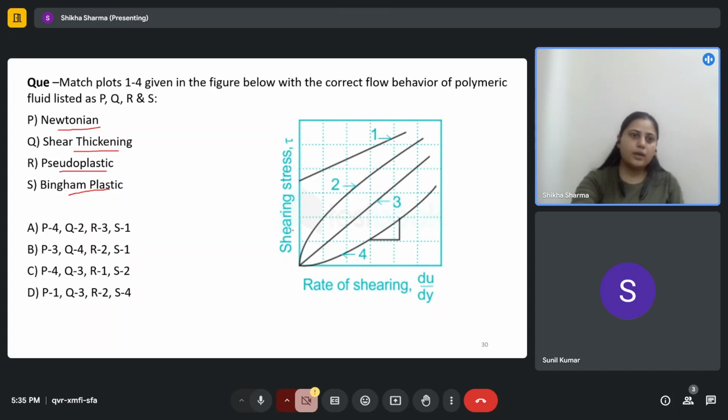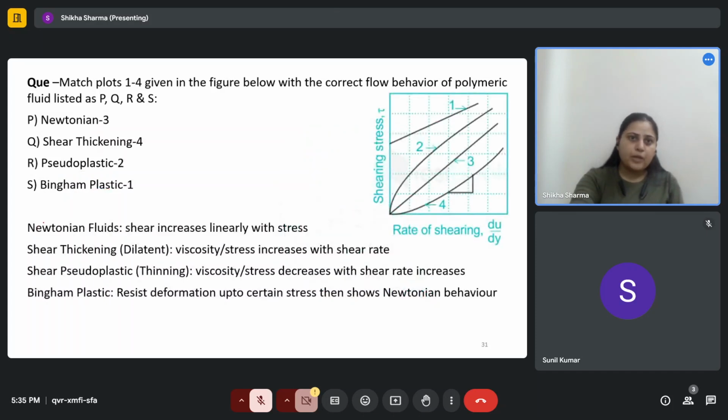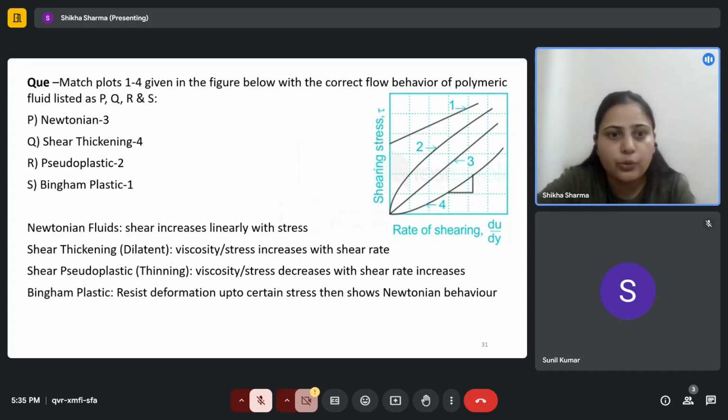So, what happens is, Newtonian fluids are the fluids where shear increases linearly with the stress.